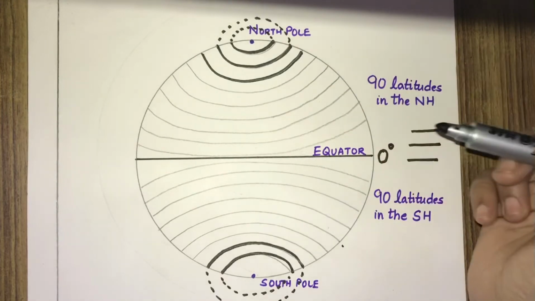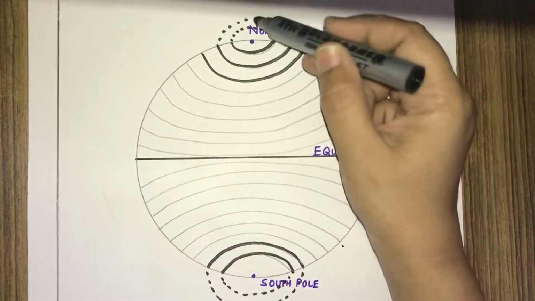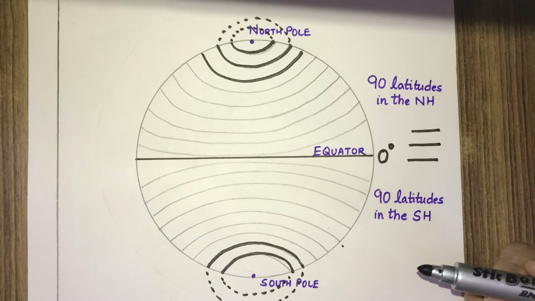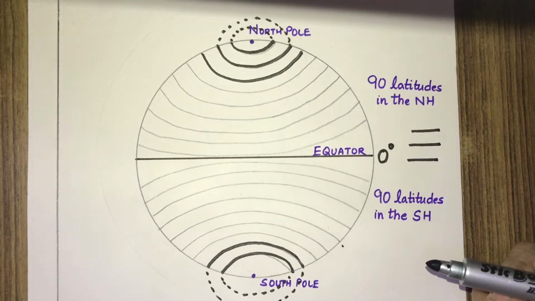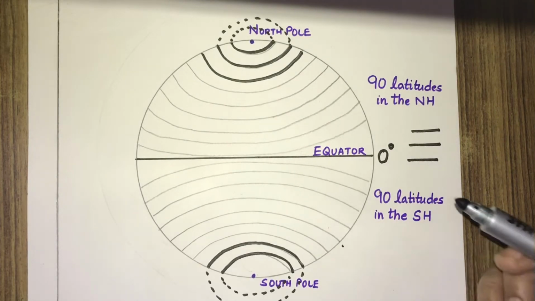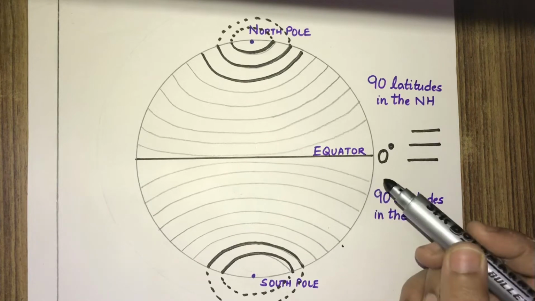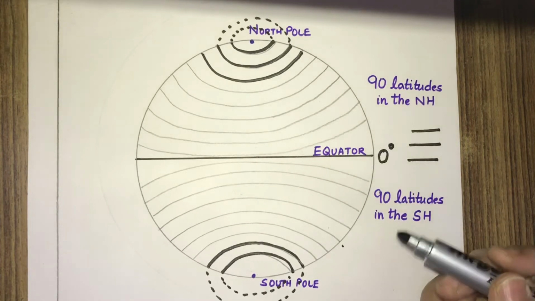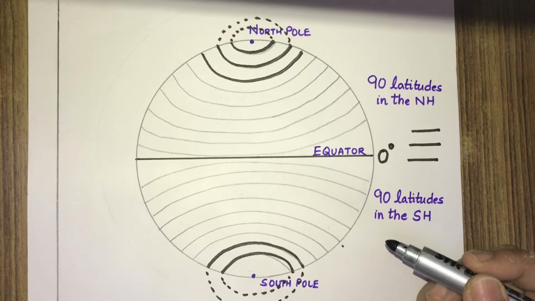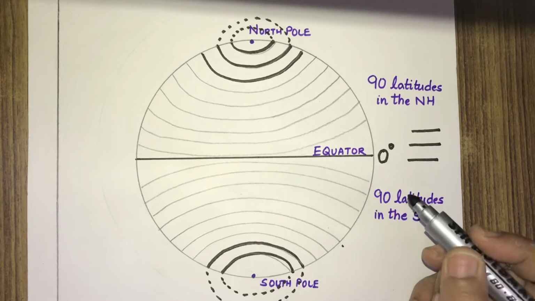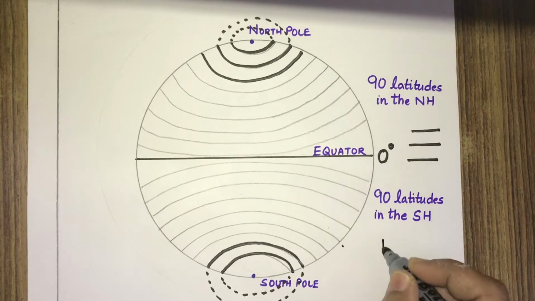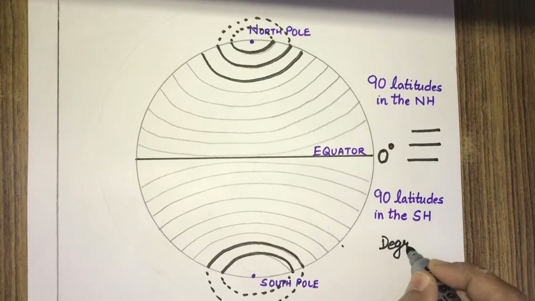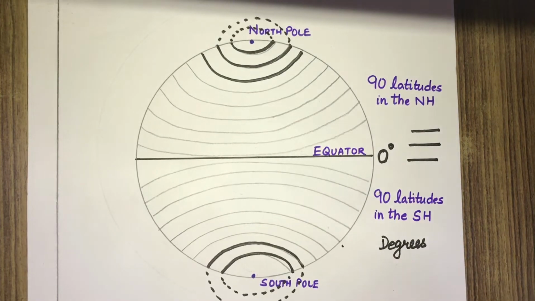So have you understood now? The circular lines on the globe which never meet each other are called latitudes and parallels. Now we come to how to measure or write these parallels. Whenever we write a parallel, we always write it in degrees. You have already used the word degrees even in temperature.